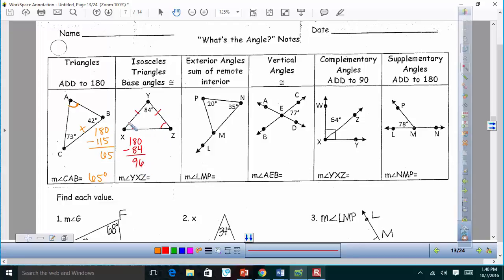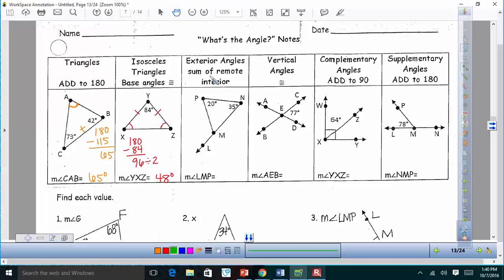Now, 96 is both angle X and angle Z. So to just get one of them, since they're equal, we'd have to divide by 2. And so the measure of YXZ would be 48 degrees. Okay?